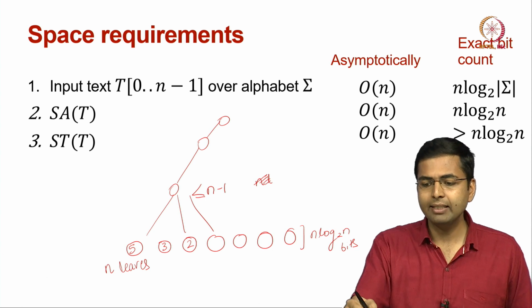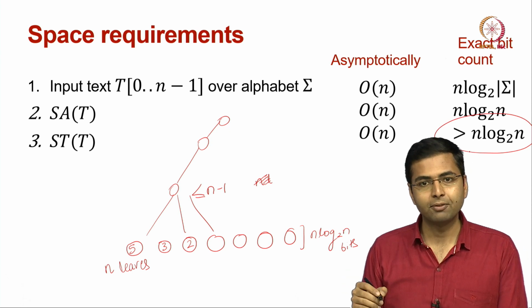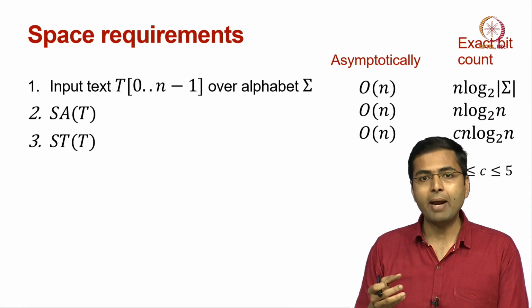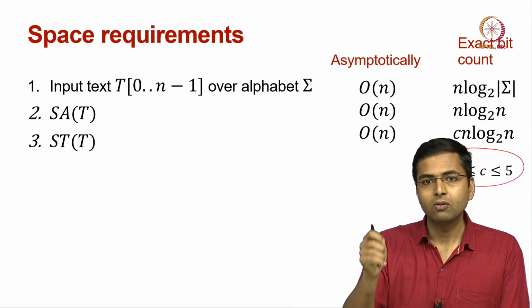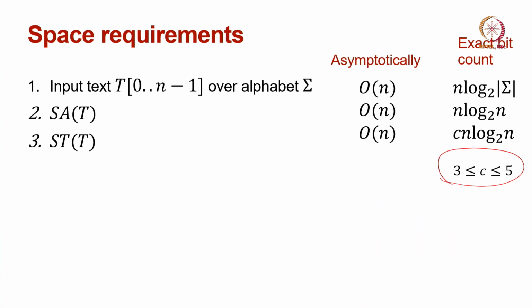So suffix trees require more than n log n bits. If we look at practical implementations, the space used by suffix trees is some constant times n log n, and in most practical implementations that constant varies from 3 to 5.